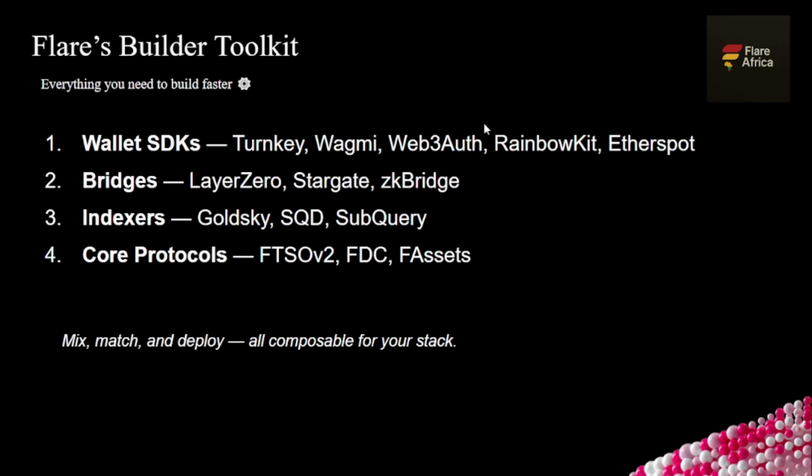Actually, Turnkey and Web3Auth are really good for that, so that your users don't need to have experience with using actual web wallets. All they have to do is just have the seamless experience of using an application in Web2, but in the background, it's a Web3 application with embedded wallets.